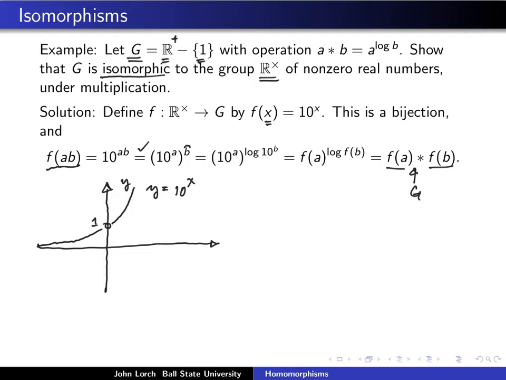But we can write b creatively as the log of 10 to the b. But 10 to the b is just f of b, and 10 to the a is f of a. So this is f of a raised to the log of f of b. But that describes the operation over in G, namely that's f of a star f of b. And therefore, this function preserves the operation, and it's a bijection. Therefore, it's an isomorphism.